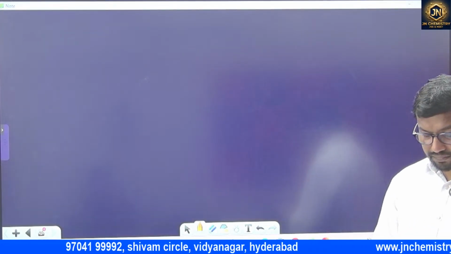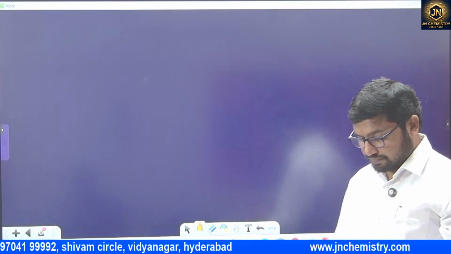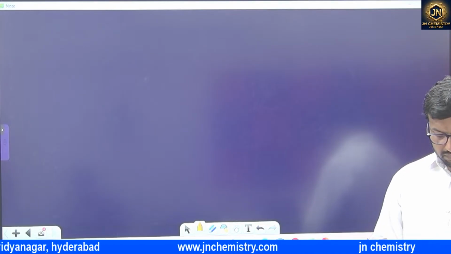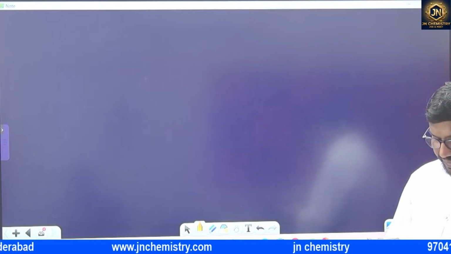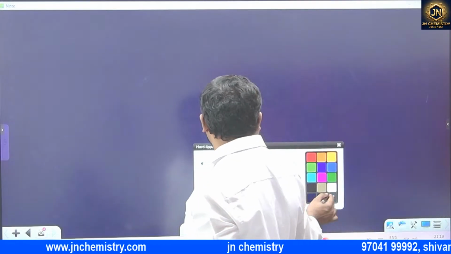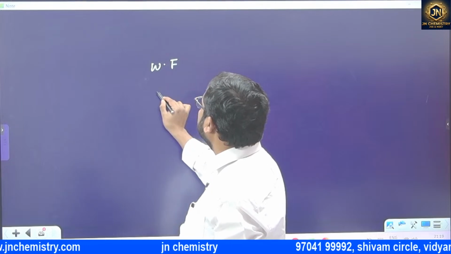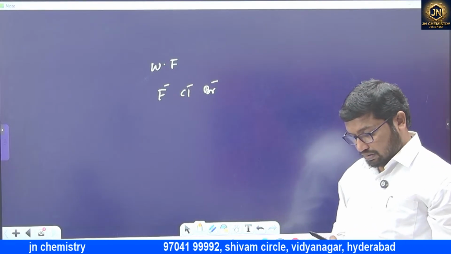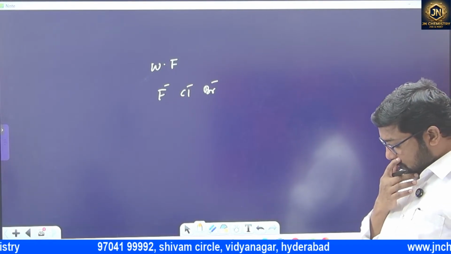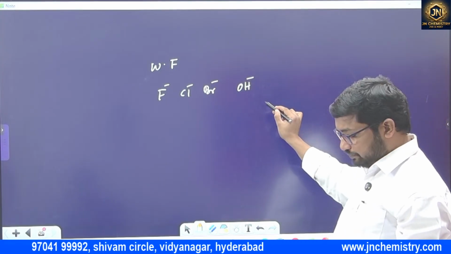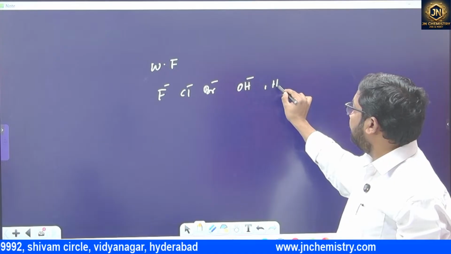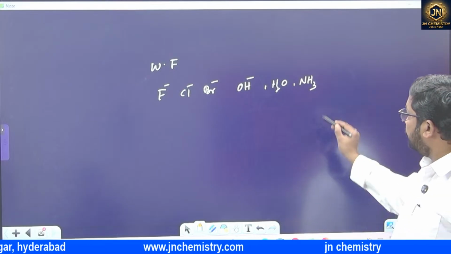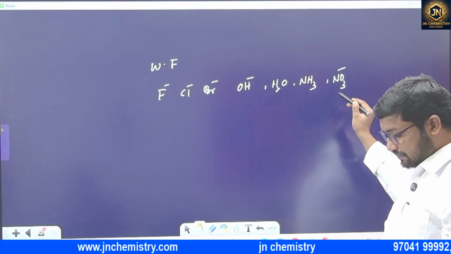Weak field ligands: F minus, Cl minus, Br minus, generally weak field ligands. OH minus, H2O, NH3, CO3 2 minus, etc.